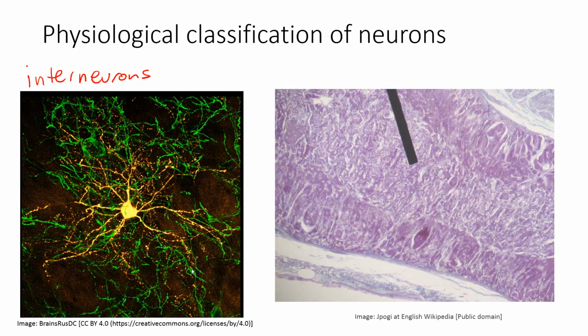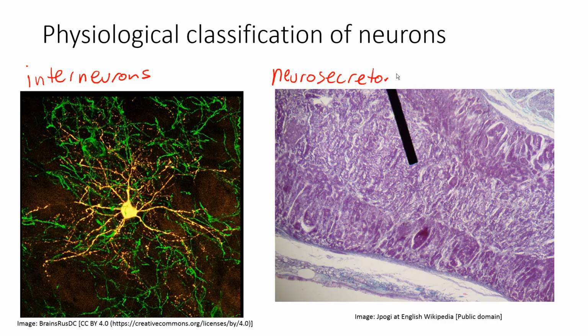And then finally, we have neurosecretory cells. So these cells we're seeing here inside the adrenal medulla are neurons that are not so much for conducting electrochemical signals as they are for, as their name implies, secreting something.